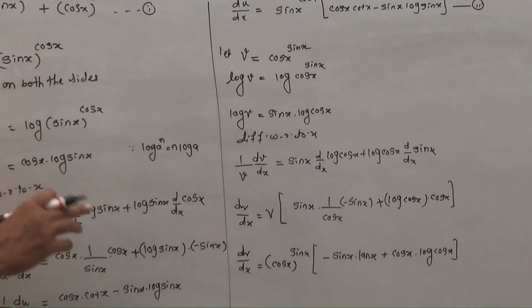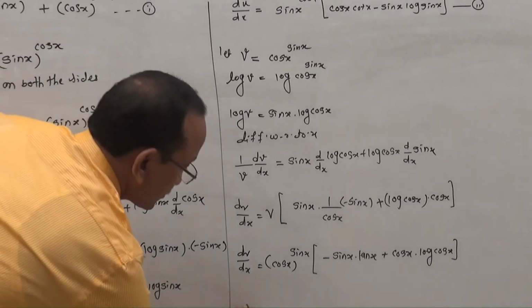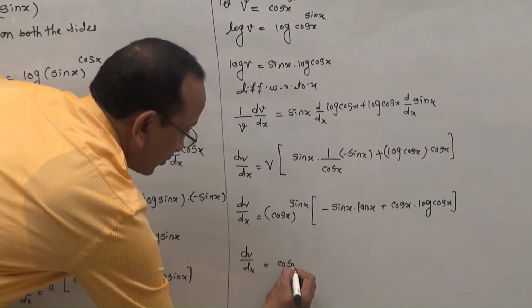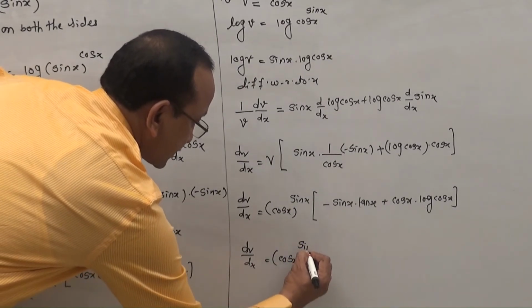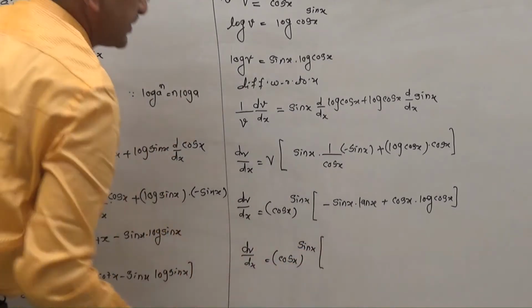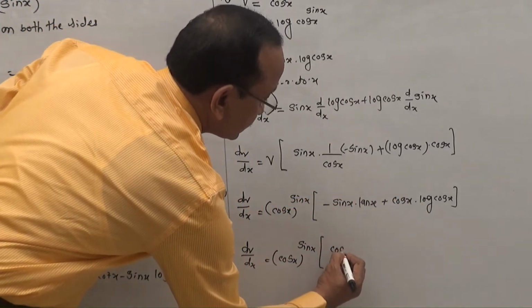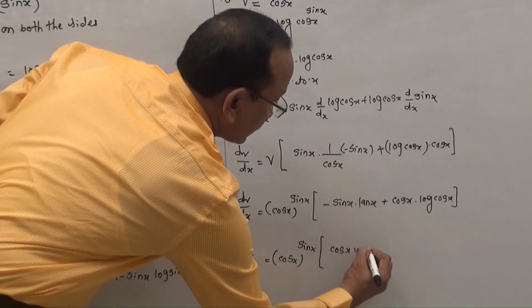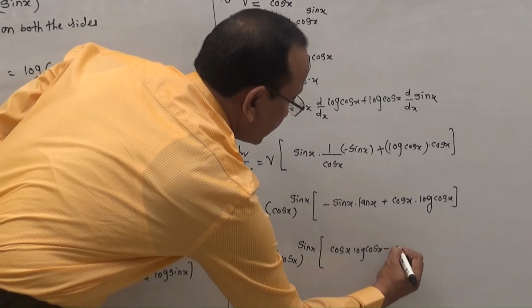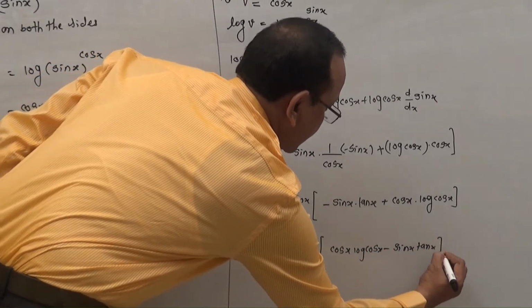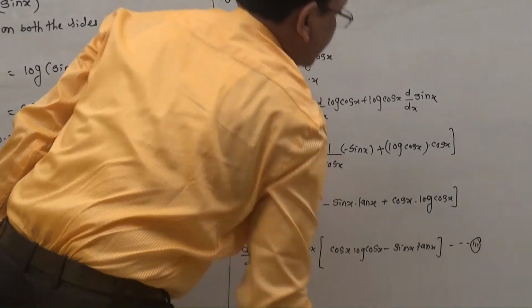Then rewrite: dv by dx is equal to cos x raised to power sin x into bracket cos x into log of cos x minus sin x into tan x. Give number 3 here.